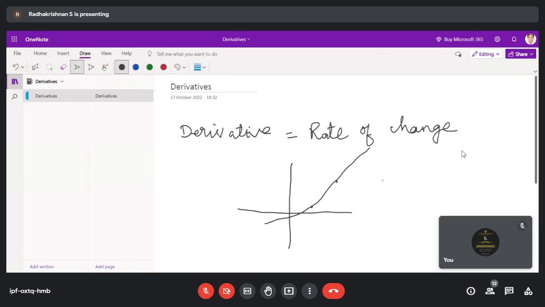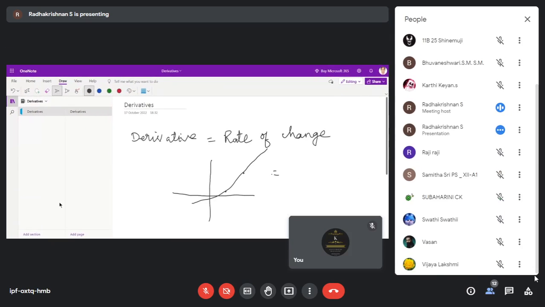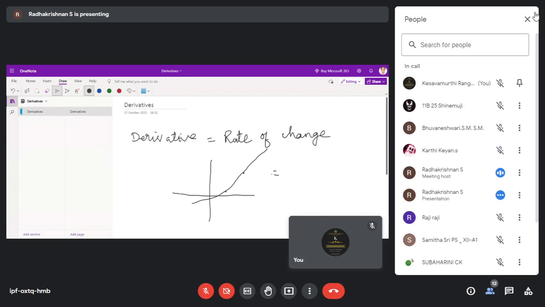So change in the dependent variable corresponding to the change in the independent variable. When independent variable changes by a small amount, by how much does the dependent variable change? The y is the dependent variable, x is the independent variable.